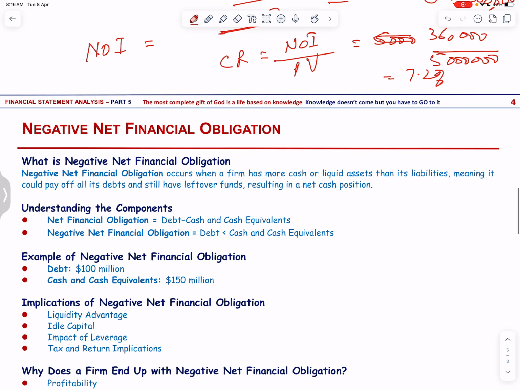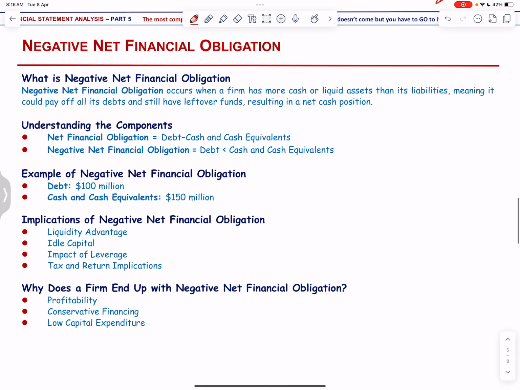Next, let us talk about negative net financial obligation. Negative net financial obligation refers to a situation where a firm or an entity has more cash or liquid assets than its outstanding liabilities, for example, debts.